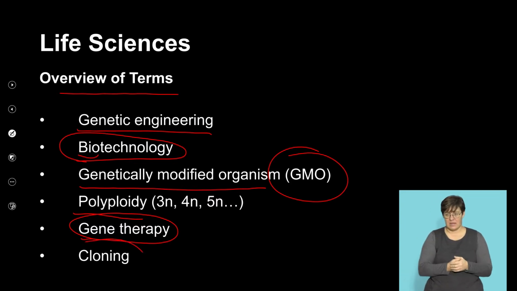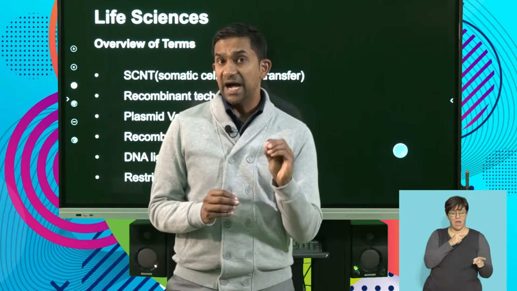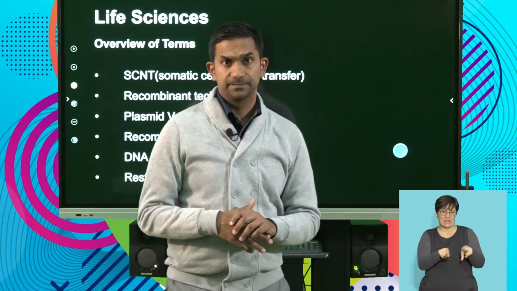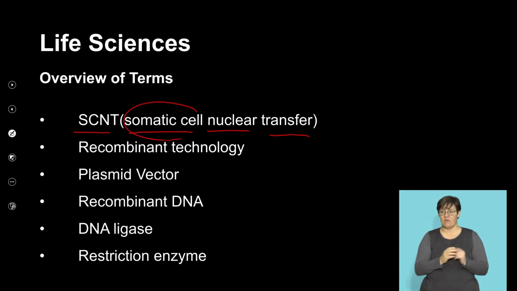And finally, the concept of cloning and how that is used in the context of creating asexually genetically identical individuals. The next concept which we use in cloning is called somatic cell nuclear transfer. It's essentially transferring the nucleus from a somatic cell into another cell.